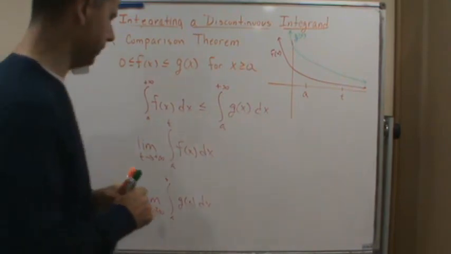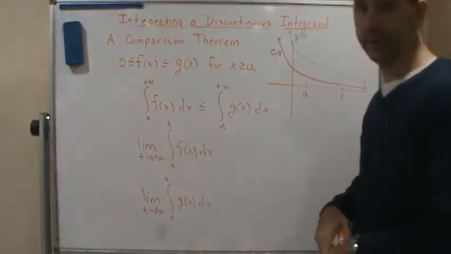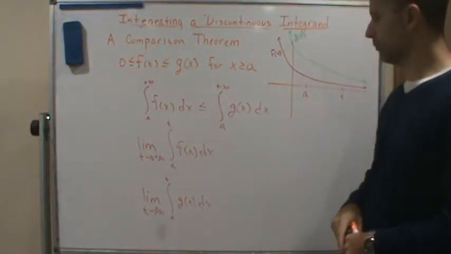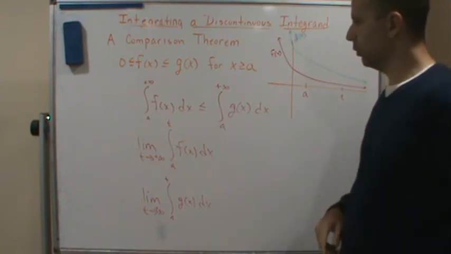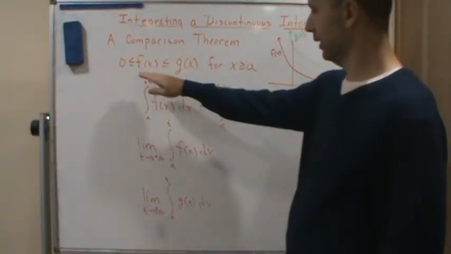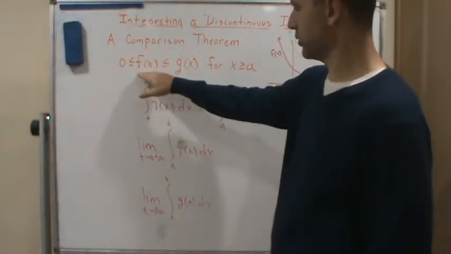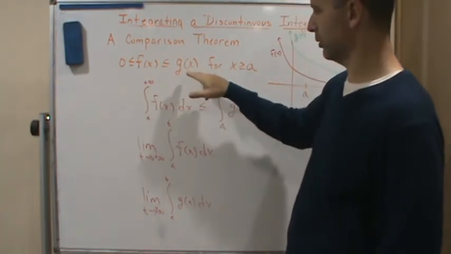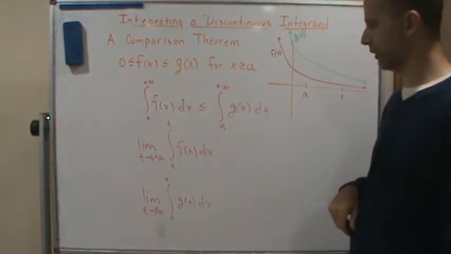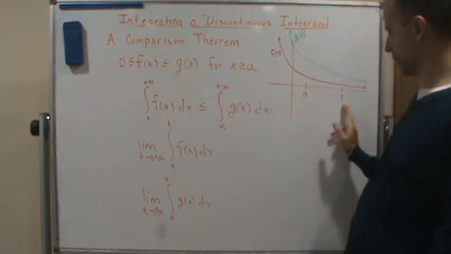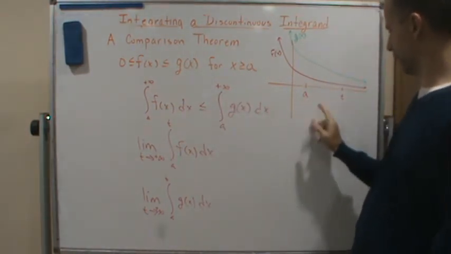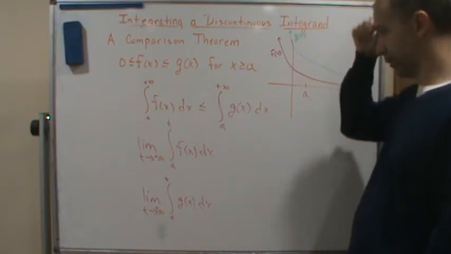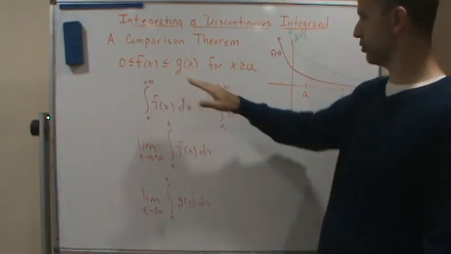Let's take both of these limits and talk about this. What do we know so far? Well, here we've got two continuous functions. They're both non-negative, and f of x is less than or equal to g of x for all x greater than or equal to a. So for any x on this interval, we know this is true.